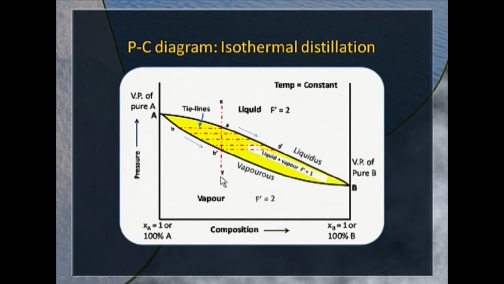We have brought about conversion of liquid into vapor without changing the temperature. What have we done? We simply decreased the pressure, whereby vaporization is brought about. That is why the process is called isothermal distillation.